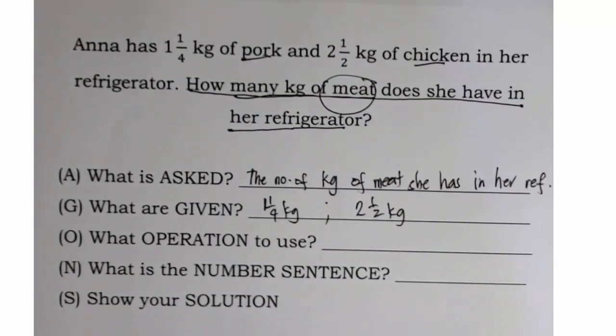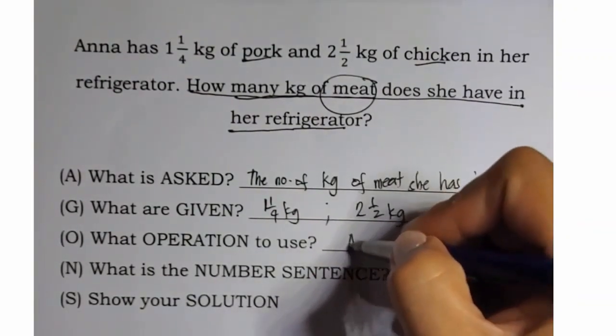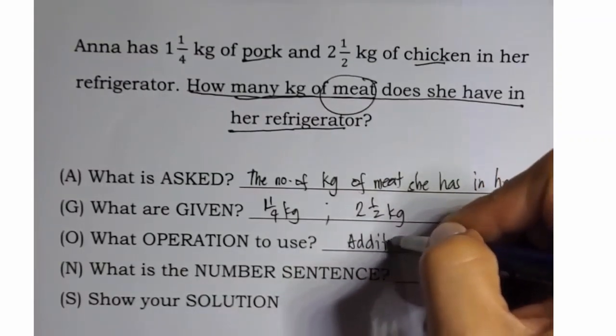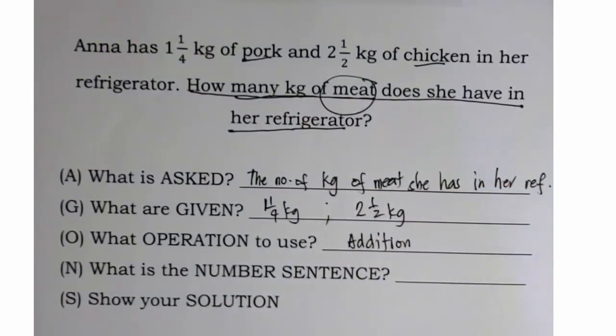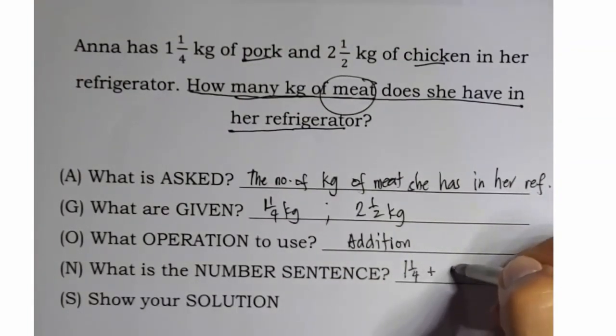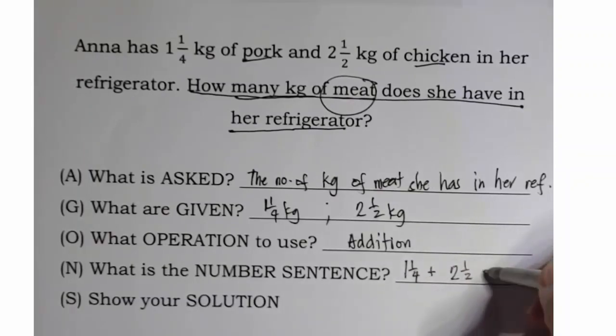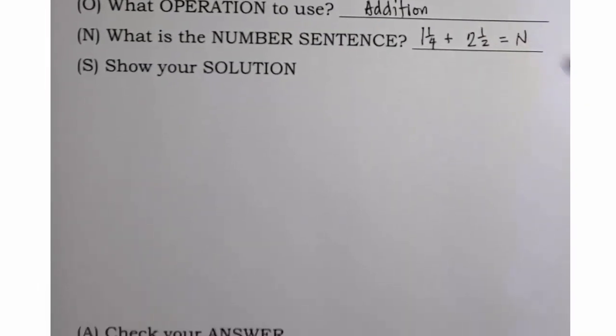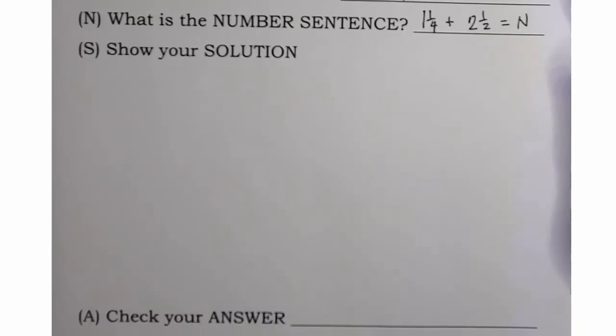And you are asked of how many kilograms in all. So the operation to be used is addition. And of course, what's the number sentence of this problem? So that's 1 and 1/4 plus 2 and 1/2 is equal to n, where n is our answer.